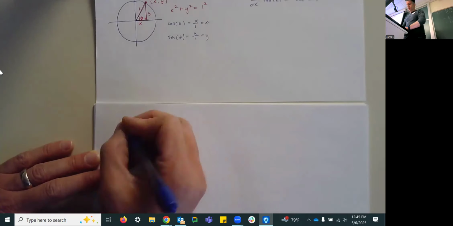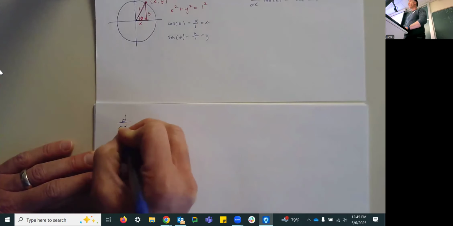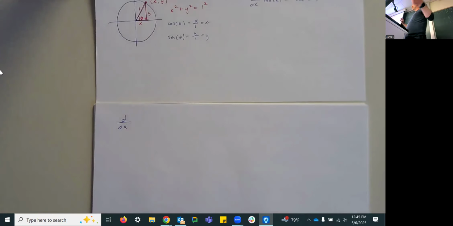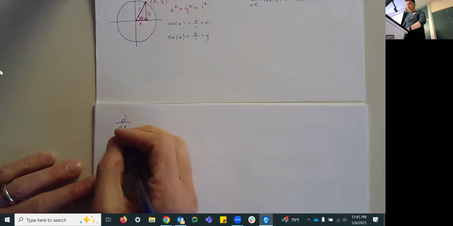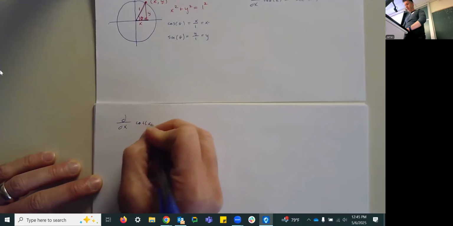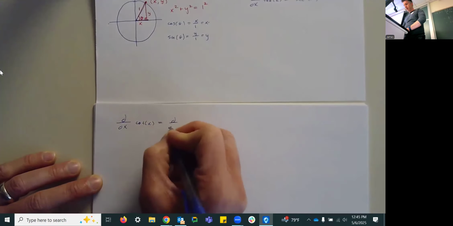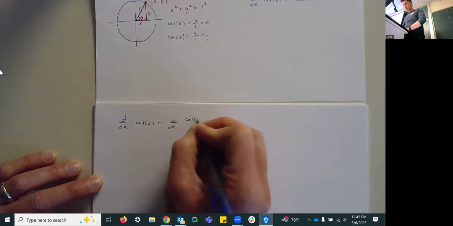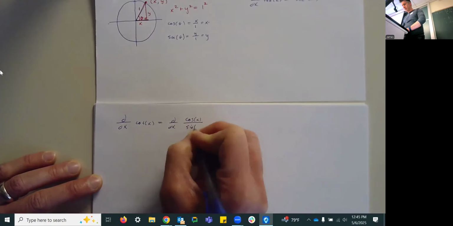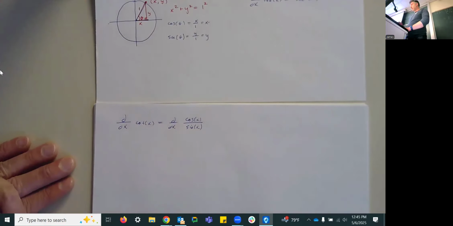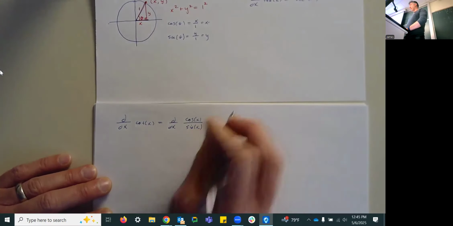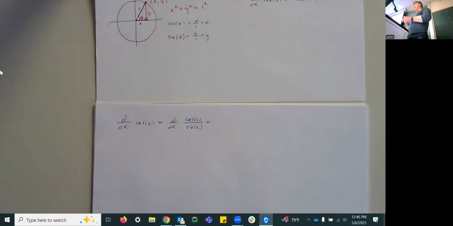All right, so cotangent, very similar process. The only difference between tangent and cotangent is they're reciprocals of each other. So for the derivative of cotangent of x, instead of being sine divided by cosine, it's going to be cosine of x divided by sine of x. So then same deal. Now I'm not going to write out the derivative of the bottom and the top here. I'm just going to actually find them.